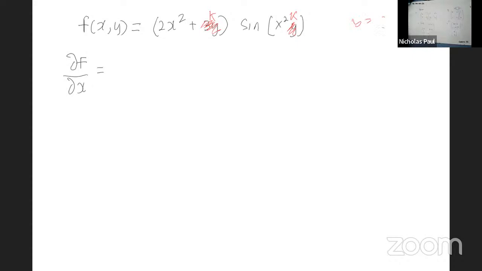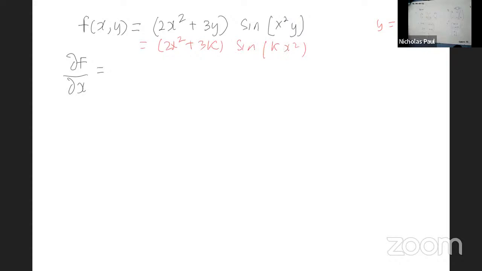Let's do it in such a way that we could see it a little bit better. So before we start to work it out, y is equal to k, so I don't want the y to confuse you. So I'm going to get this new equation now: 2x squared plus 3k, times sine kx squared.